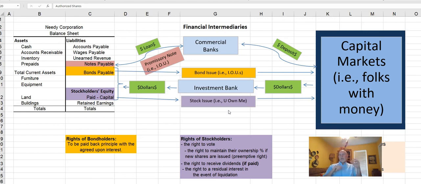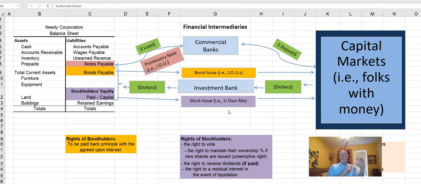So remember that when we borrow money, like we did in Chapter 7, and we sign an IOU to the lender, whether it be an IOU, a promissory note, or a bond issue, it's simply an IOU. And that's a contract to pay the money back with interest. And so we are obligating ourselves to pay that money back with interest.